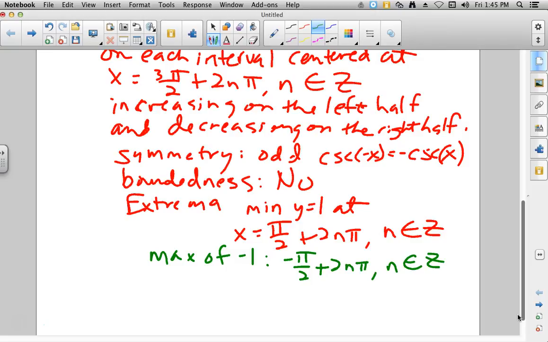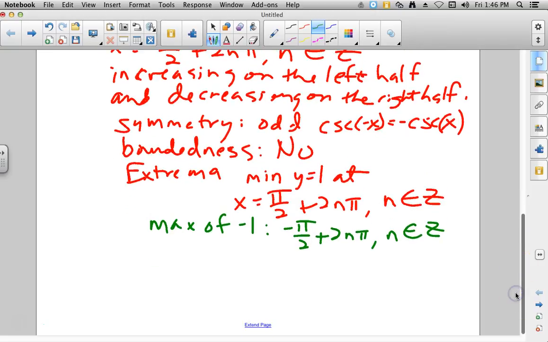And then we have asymptotes, which we have to describe, which we basically already described with the domain, except what we said was those vertical asymptotes were what we could not include for the x's. So it's the same as the sine of x equaling 0. That's exactly where we get those asymptotes from.